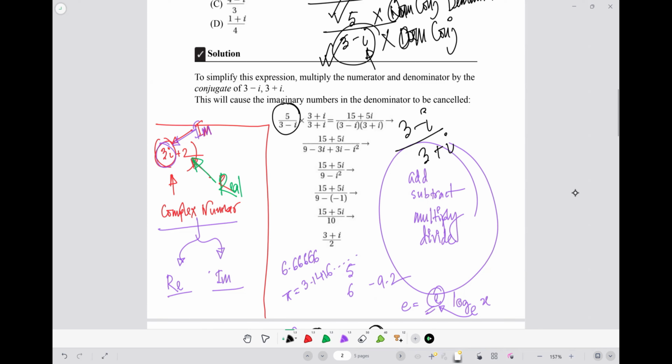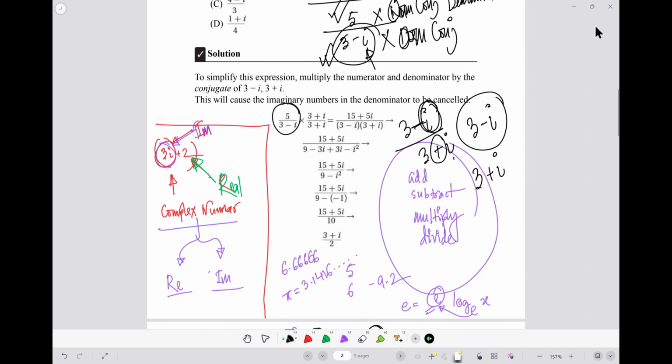You just need to change the sign of the imaginary part. This is the imaginary part. The sign of the imaginary part is negative, and you need to change it to the different sign, which is positive. And the conjugate of 3 negative i is 3 plus i.